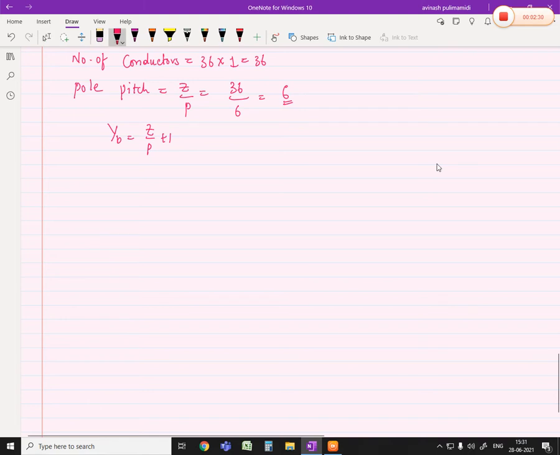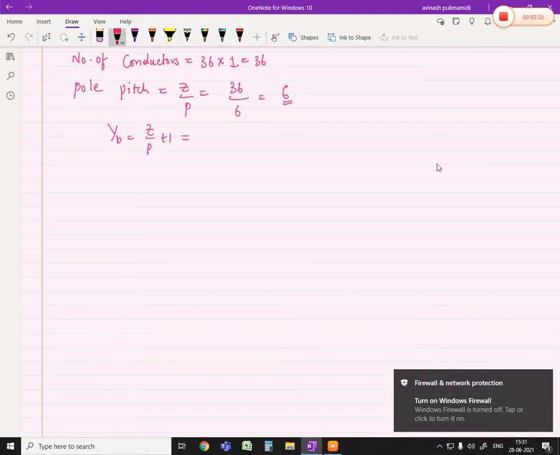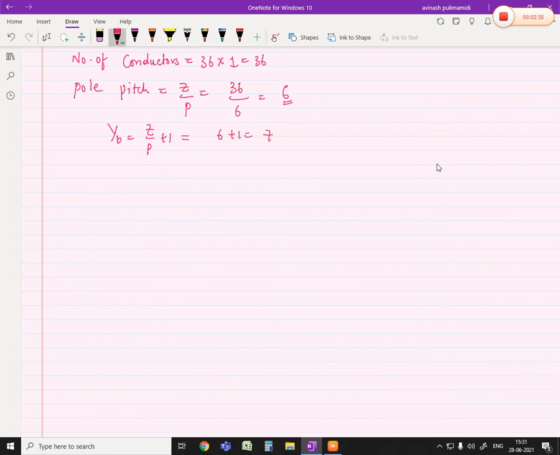So YB is equal to Z by P plus 1, that is 6 plus 1, so back pitch will be 7. And the front pitch is equal to Z by P minus 1, so 6 minus 1 will be 5.